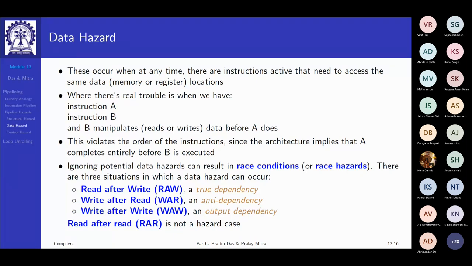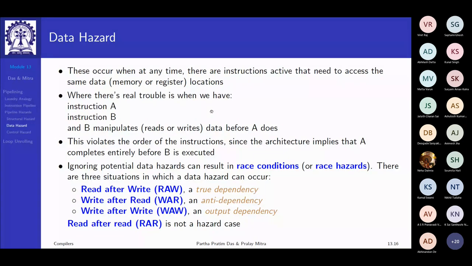This is called anti-dependency. And there could be output dependency. That is, A is writing, B is also writing, both of them to the same location. According to the sequential logic, the value written by B should be the final. But if B writes before A, then A will overwrite that value. The fourth combination, read after read, since both of them are reads, is not a hazard.